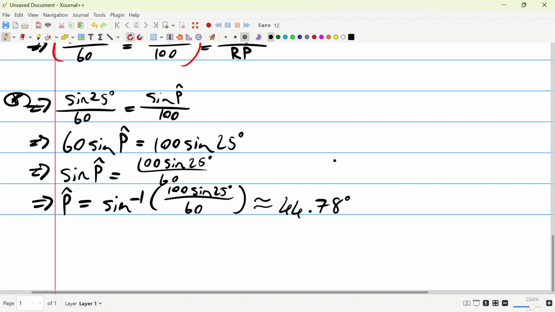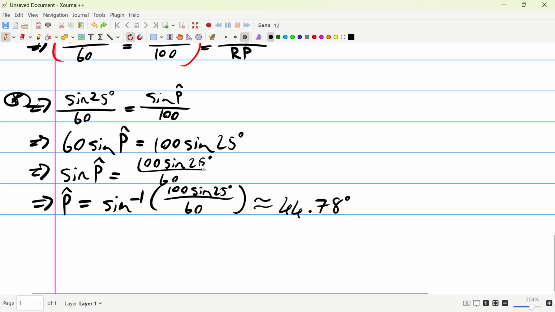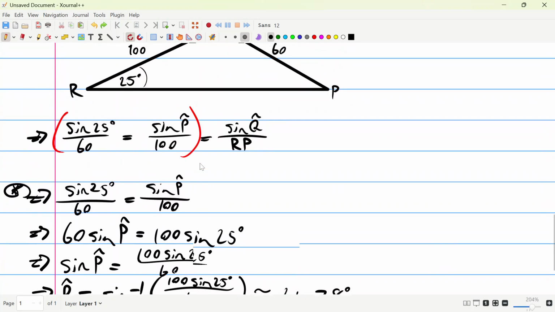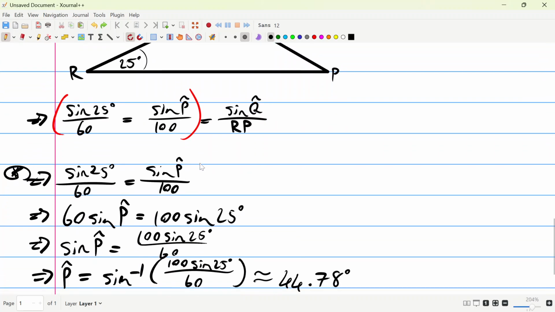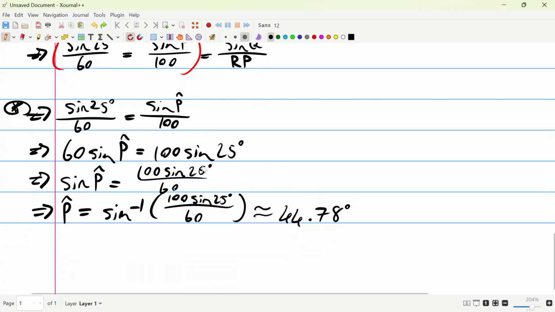Okay, so that is the units of angles, it's degrees. However, here's the thing, right? This is an ambiguous case. Why is that? Now, the thing is, we need to know that there's a potential obtuse angle that we can have as well in this instance, okay?